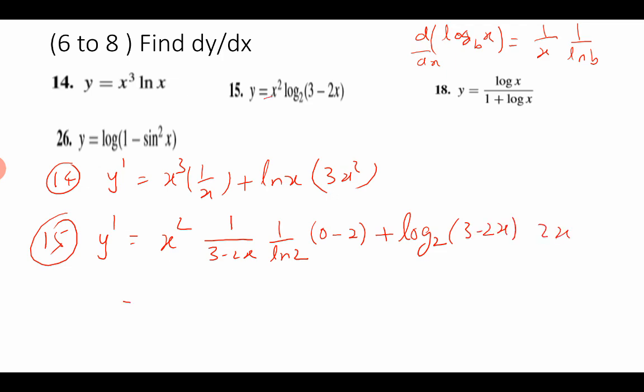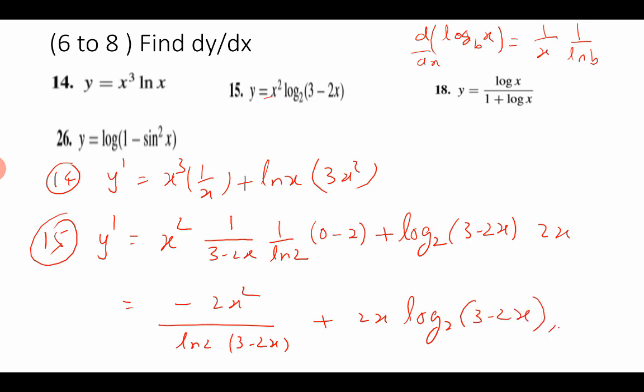So simplify it, you will get minus 2x square over ln 2 times 3 minus 2x, the first part, and the second part 2x log base 2 of 3 minus 2x. That is it.